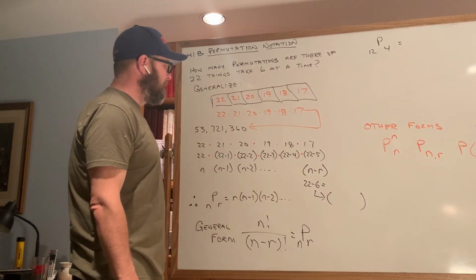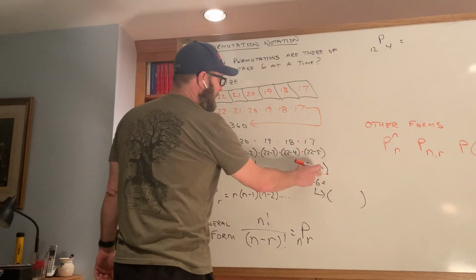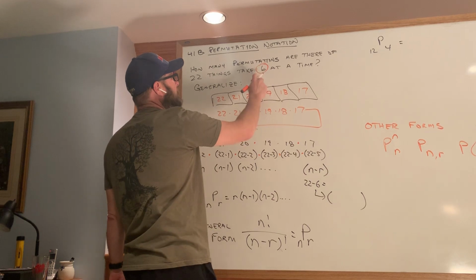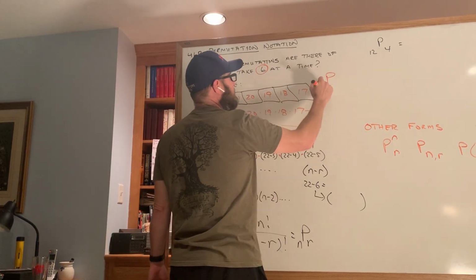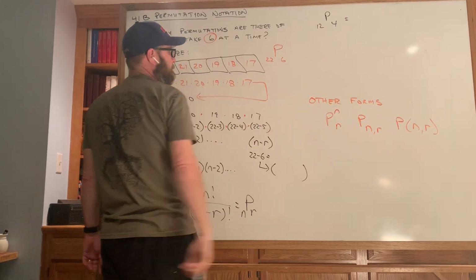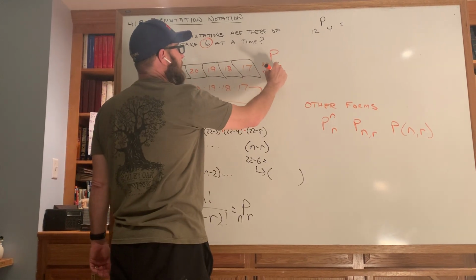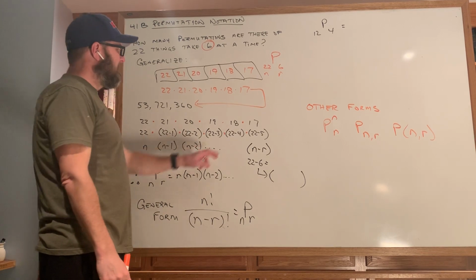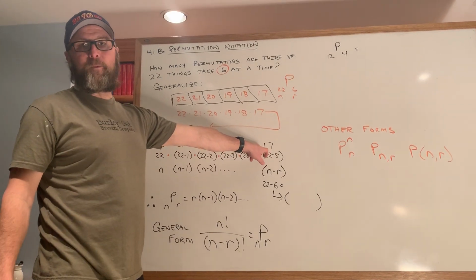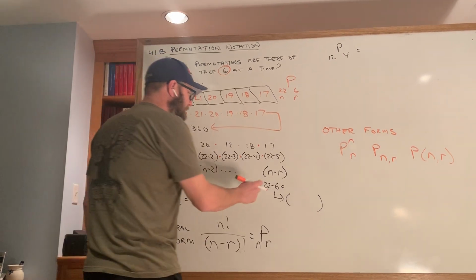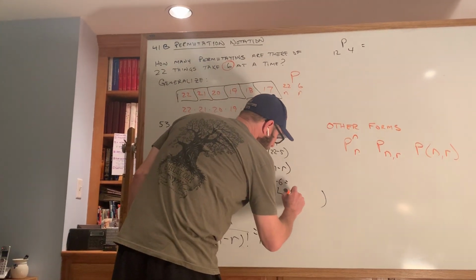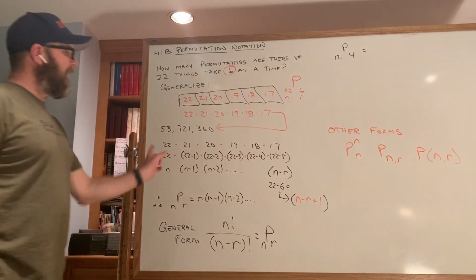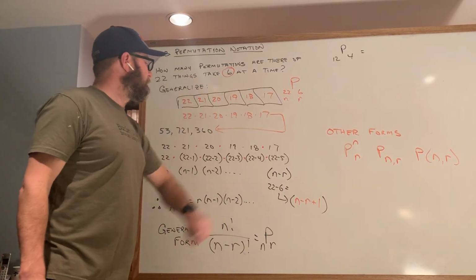But the problem is that if our r is 6 right here, because this form is telling me that I have 22 and 6, where this is my n and this is my r, then that gives me 16, but my last number here is 17, so I can't really work that out. So instead of saying it's minus r, I'm going to say that this is n minus r plus 1, because that will get me to the term just before that.